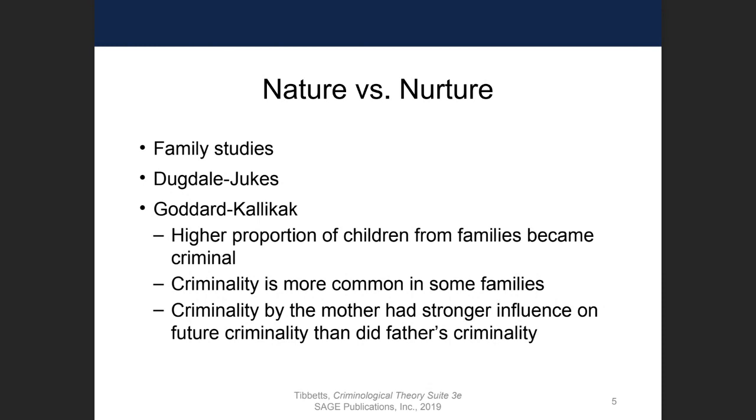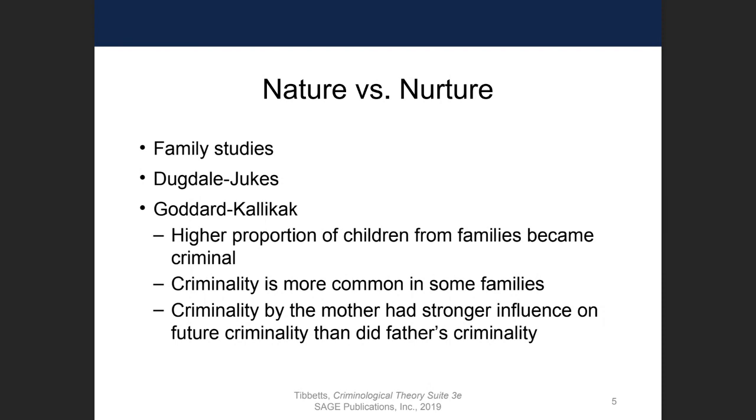Your textbook talked about several family studies. So, for example, there were several families like the Dugdale Jukes family and the Goddard Kallikak family. These families had high proportions of children that grew up to become criminals. And as a result, these children who grew up to become criminal adults had children who also grew up to become criminals as well.